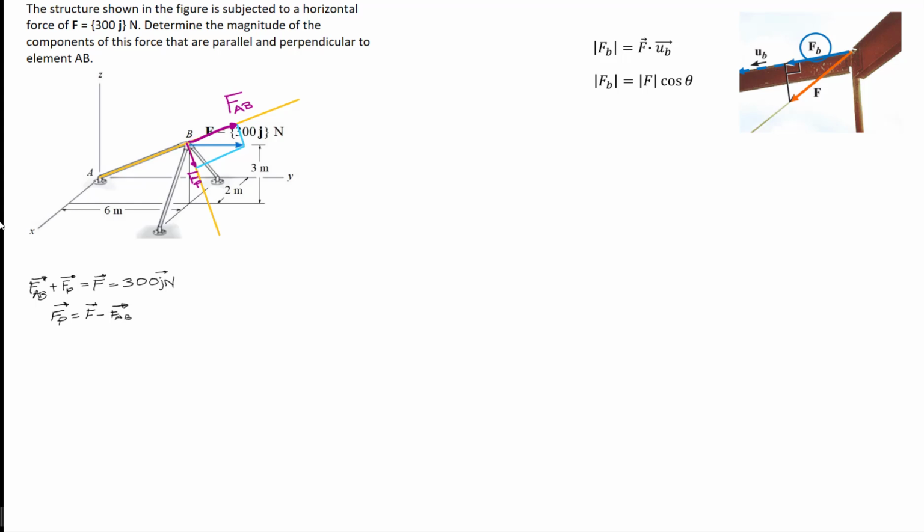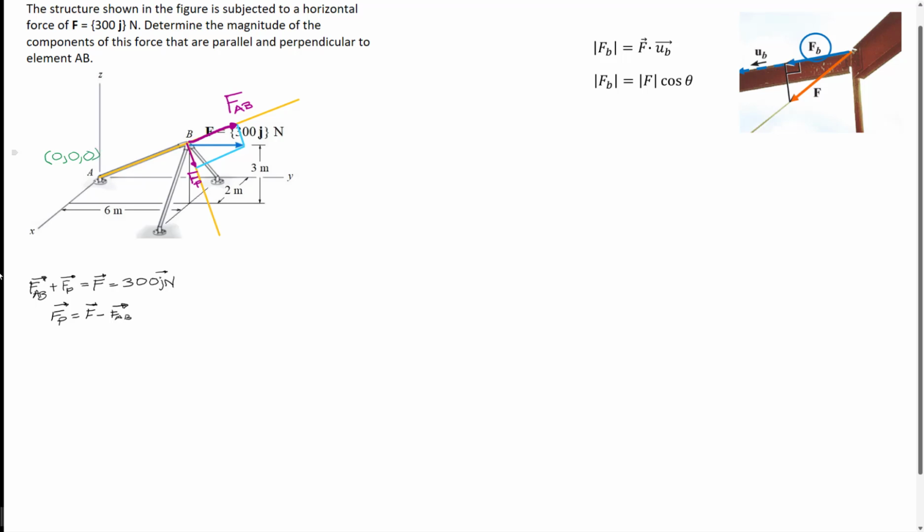So my first step is to get the position vector. What position vector? The one that goes from A to B, because we need to break into components about these yellow lines. In order to get the position vector AB, we need to use the coordinates. So my coordinates for A are 0, 0, 0.